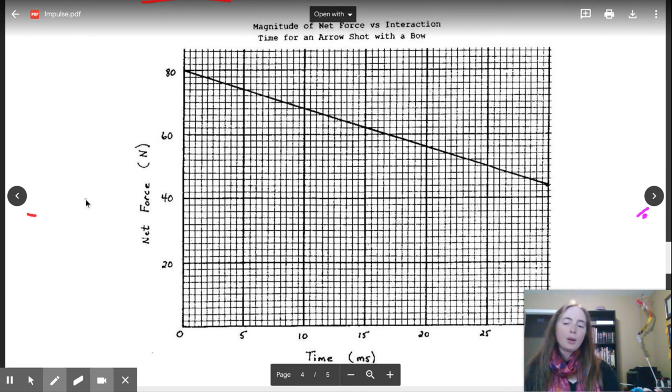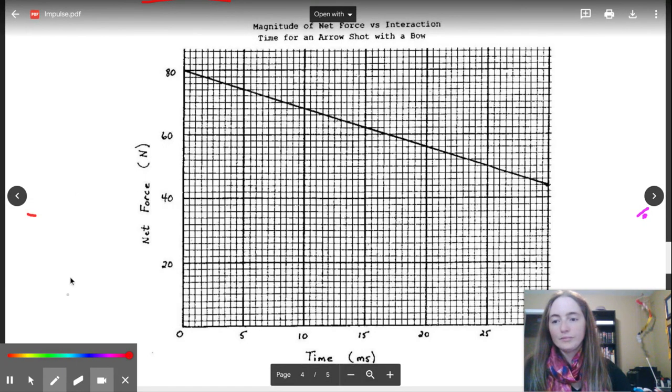Remember, when we are calculating stuff directly off of a graph, we have to be using area or slope. Remember what we discussed earlier: slope means nothing on this graph, so slope is irrelevant to us. We need area, force times time.